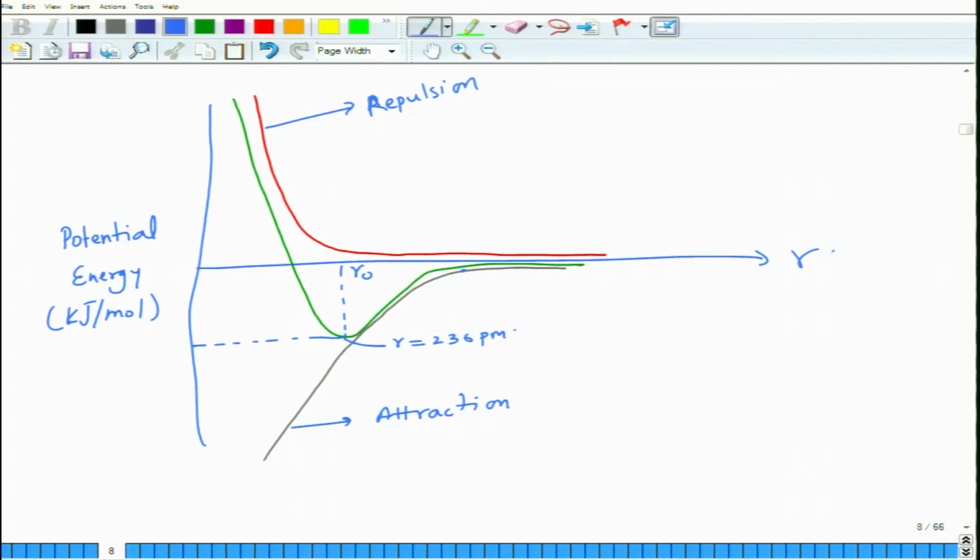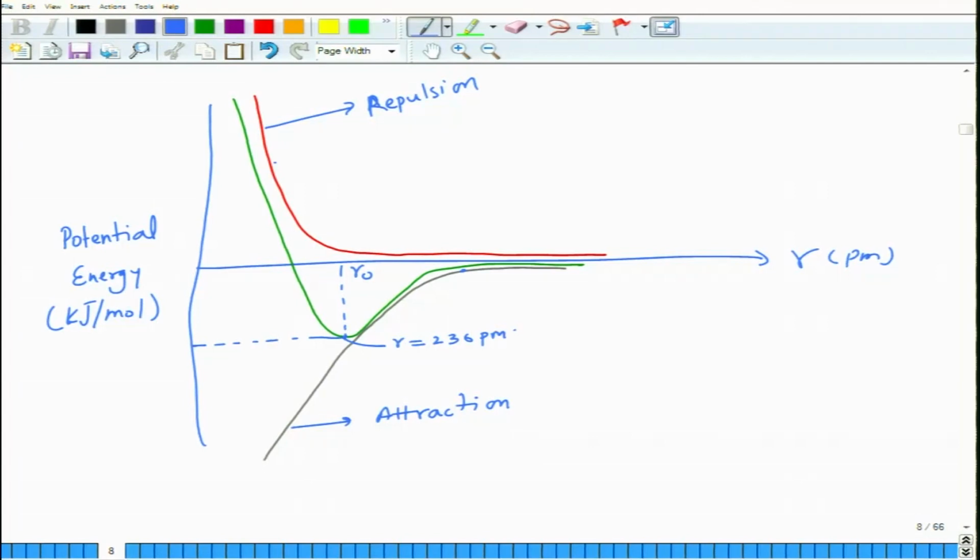This is R in picometer, and at very low values you have very high repulsion. If you go lower than 236 your repulsion increases, and if you go higher than 236 then, although it is attractive, the energy is not minimum, the energy tends to increase. So this is the point at which you hang around.